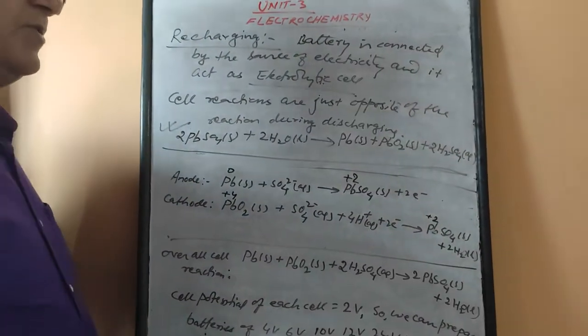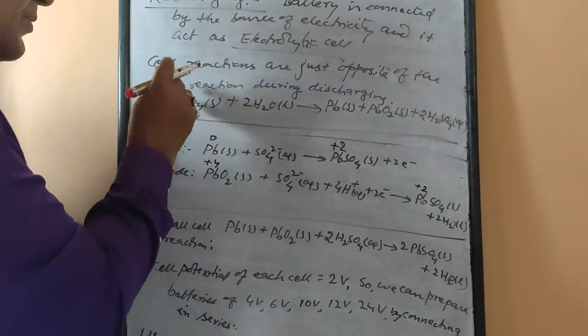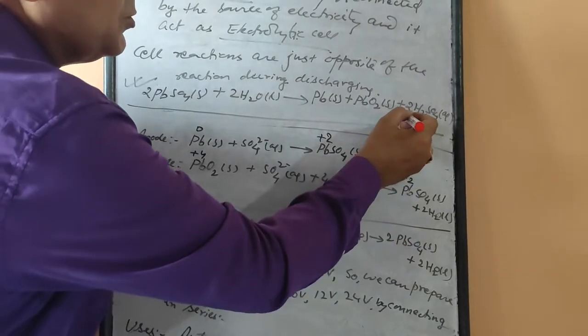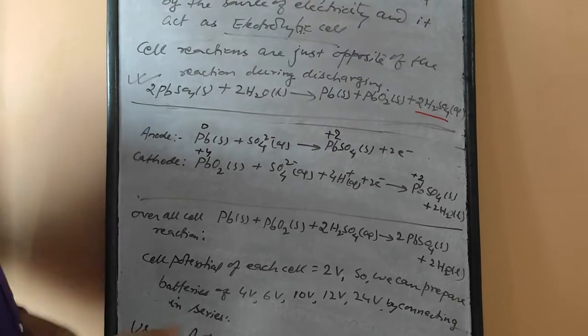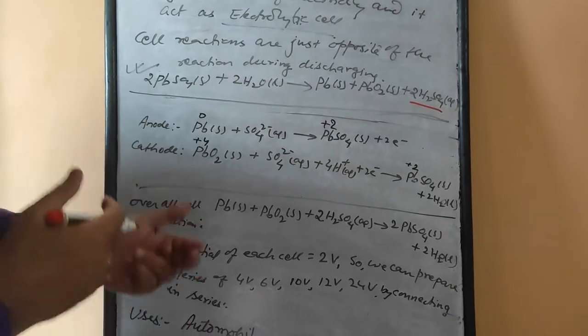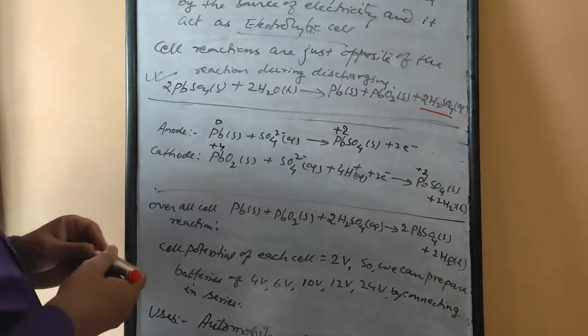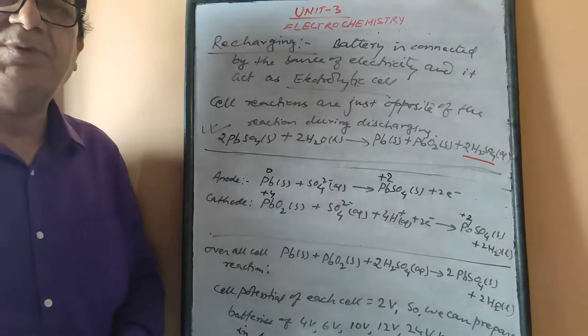Now, what beauty are we observing here? We are observing that during recharging of the lead storage battery, the H2SO4 which was consumed during discharge is recovered, regenerated, and used again and again. Now, one very beautiful question is here. Why is such recharging and discharging possible in the lead storage battery?